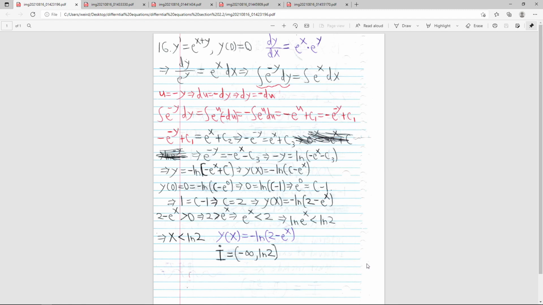So y of x equals negative ln of 2 minus e to the x is our solution, and the interval of existence is negative infinity to ln 2. We figure that because our condition is it has to be less than ln 2. That's the only restriction on it.